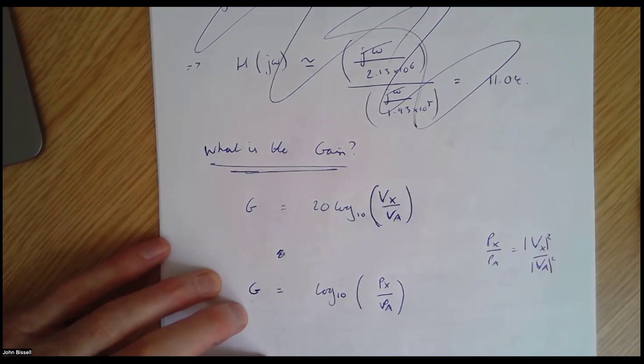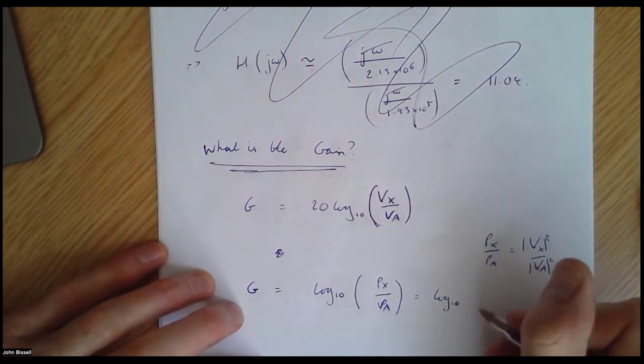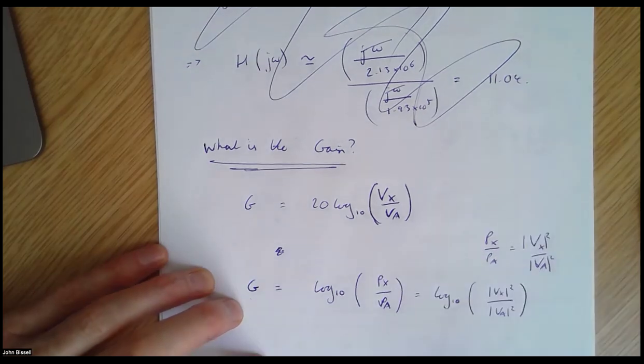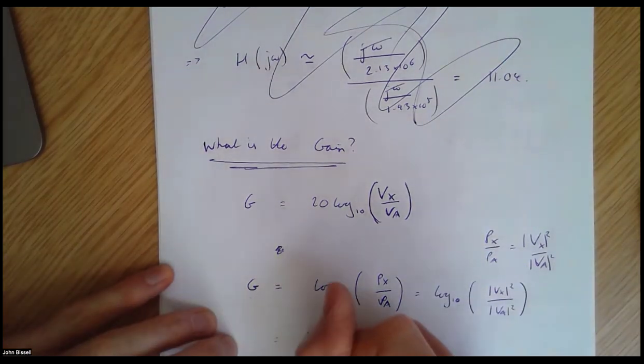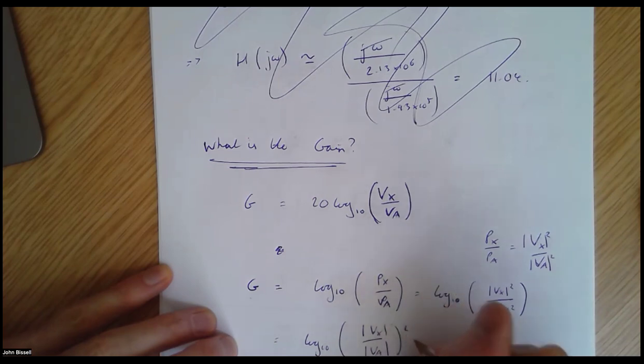So the log to base 10 of Vx squared over Va squared, which is the log to base 10 of the magnitude of Vx divided by the magnitude of Va, all squared.